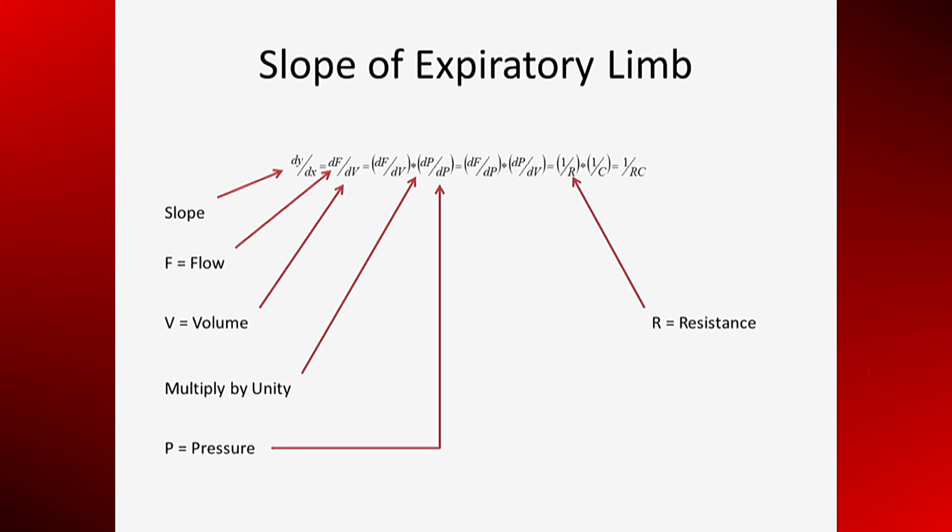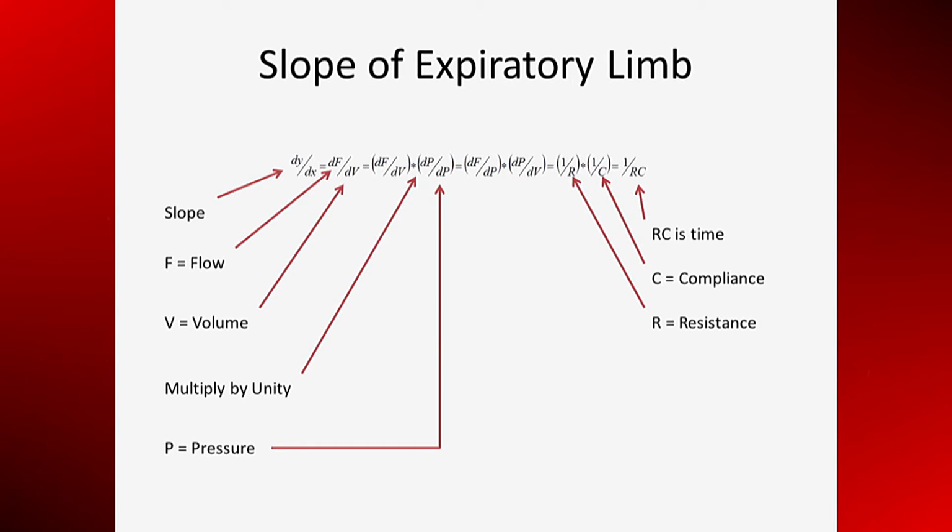The derivative df/dp is the reciprocal of resistance. This is a definition. The derivative dp/dv is the reciprocal of compliance. This is also a definition. The final result is that the slope of the expiratory limb is the reciprocal of the RC time.